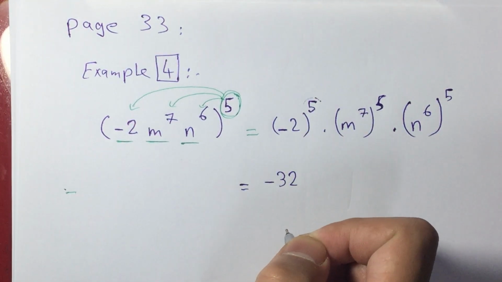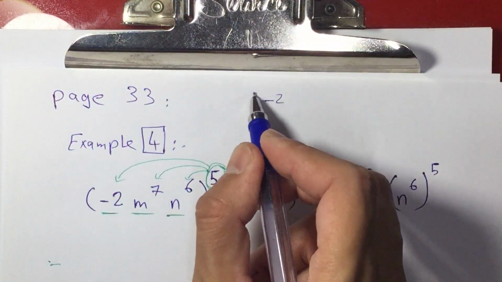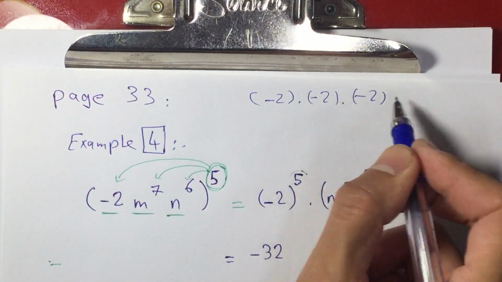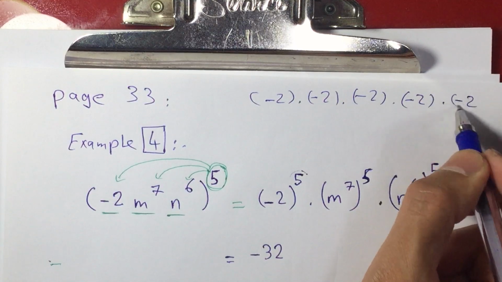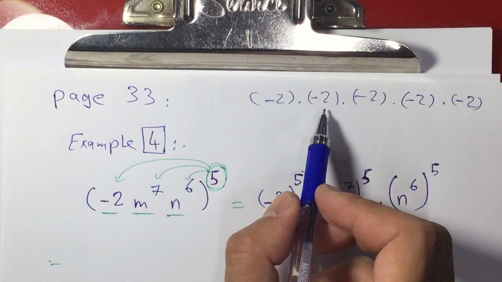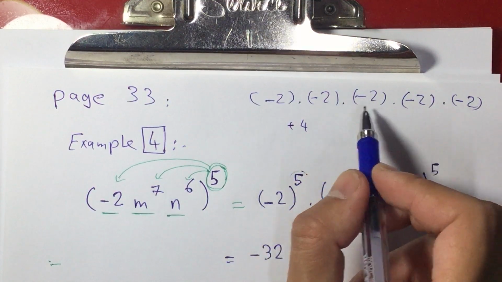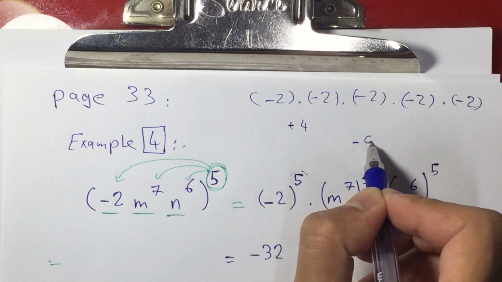Or you can simply calculate that by calculating negative 2 times negative 2 times negative 2 times negative 2 times negative 2. Negative 2 times negative 2 gives you positive 4, and positive 4 times negative 2 gives you minus 8.